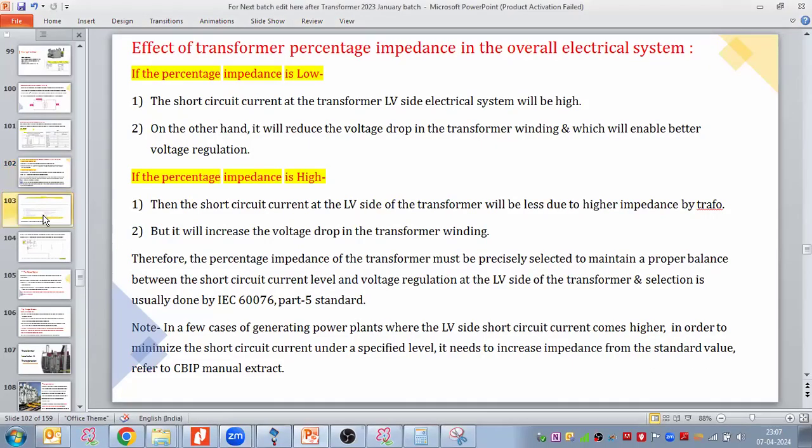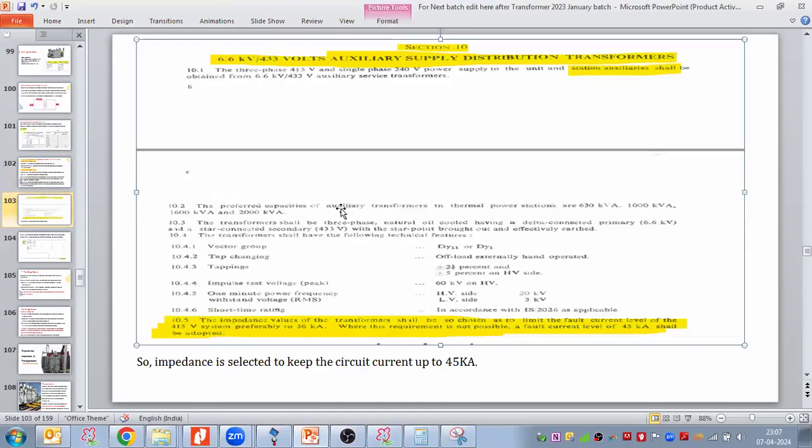Like here we can see, I have taken a CBIP manual, which is a local Indian designing manual. I have taken the CBIP manual for the 6.6 kV by 433 V auxiliary supply distribution transformer, for the LV system basically.